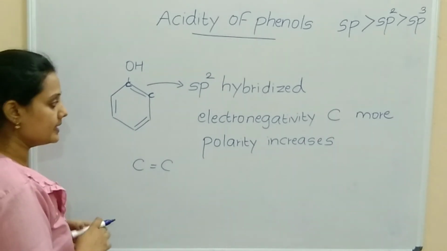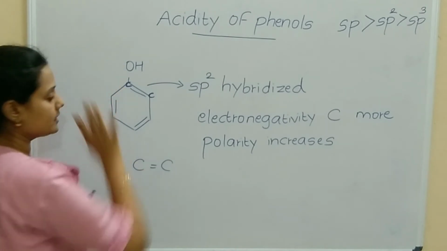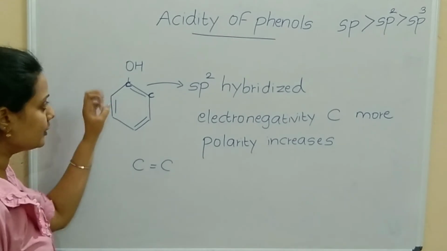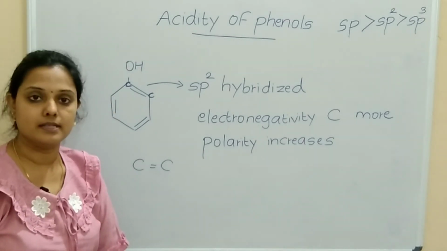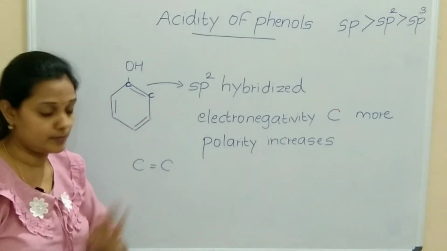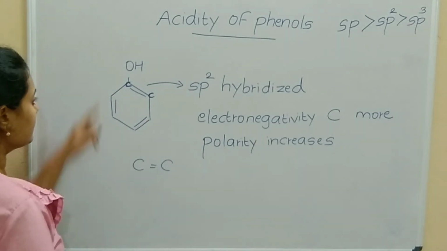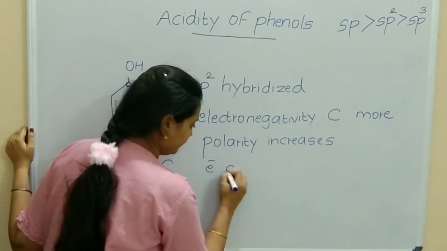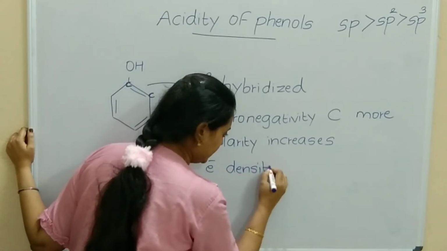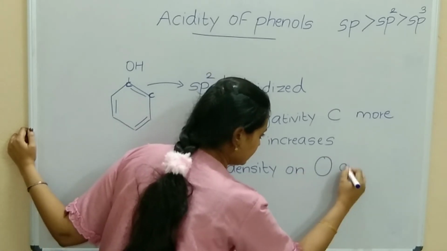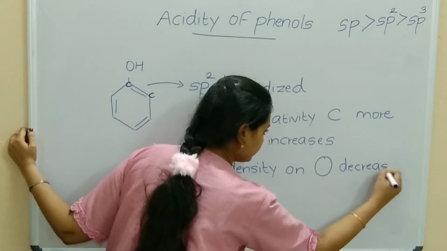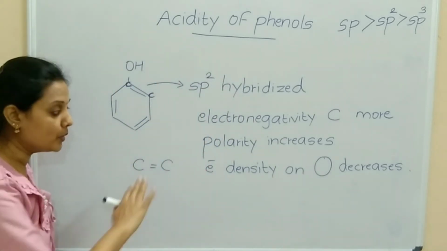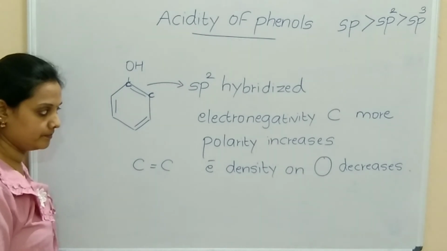Why is the polarity increasing? Check this carbon and this oxygen. Carbon is more electronegative, so carbon will try to pull the electrons from oxygen because the carbon is sp2 hybridized. So the electron density on oxygen decreases, which means the polarity increases.